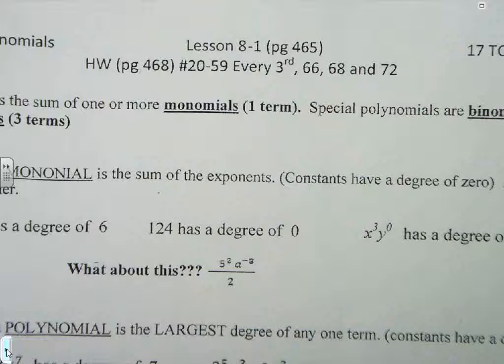All right, we're going to be talking about adding and subtracting polynomials. A polynomial is going to be the sum of one or more monomials. So think about what just got said: the sum of one or more.